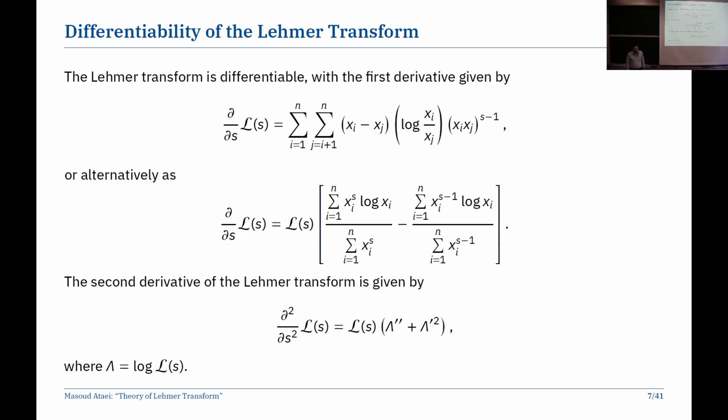With S being greater than 1, the derivative puts more weight on larger values, prioritizing dominant features. But when S is small or less than 1, it shifts sensitivity towards smaller scale fluctuations.